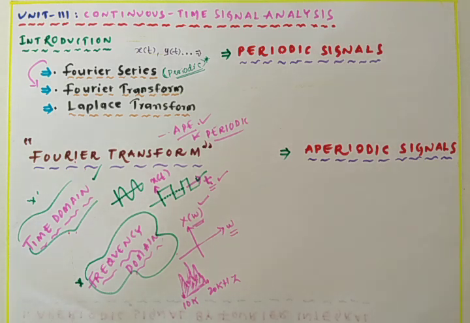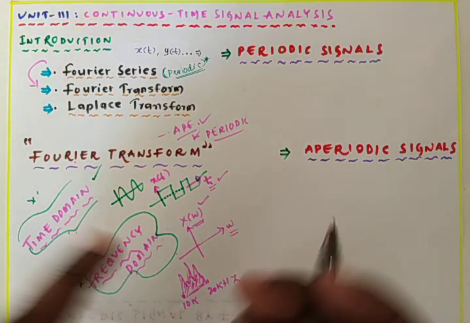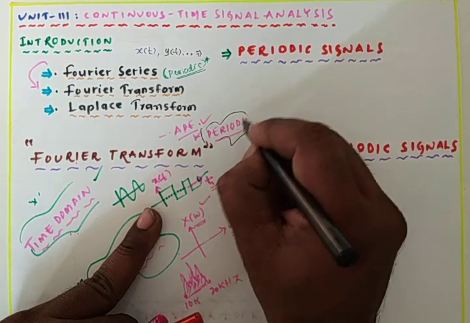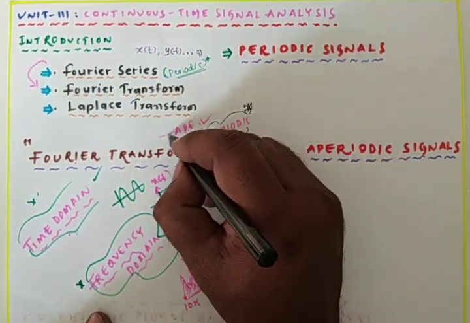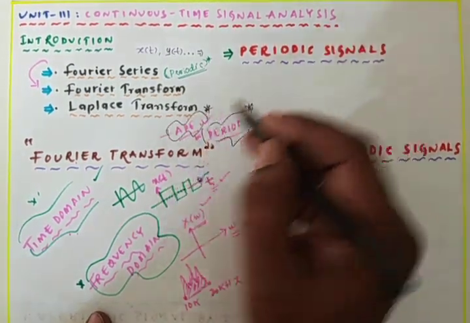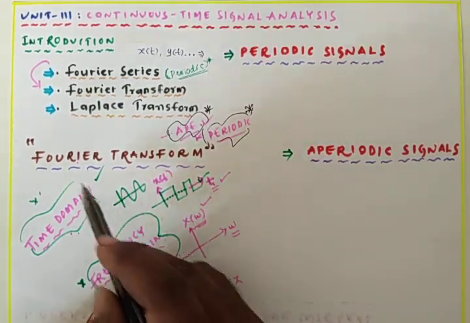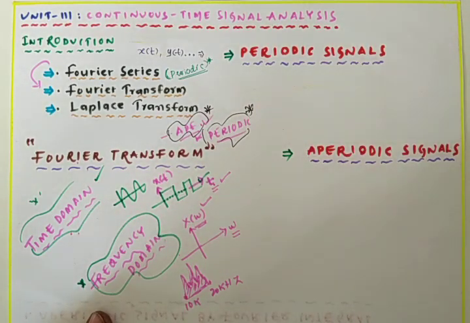It is not applicable to all signals, so whatever signals cannot be represented by the Fourier series can be represented and analyzed by making use of the Fourier transform. All periodic and aperiodic signals can be analyzed and represented using the Fourier transform.